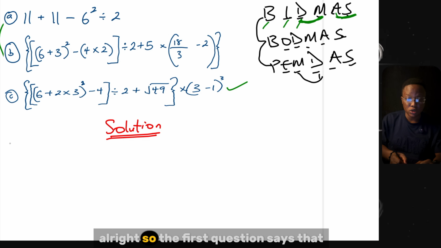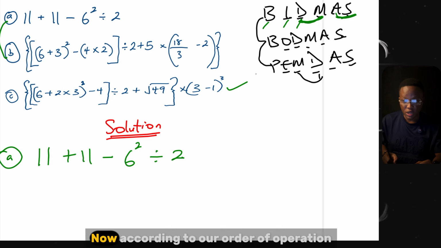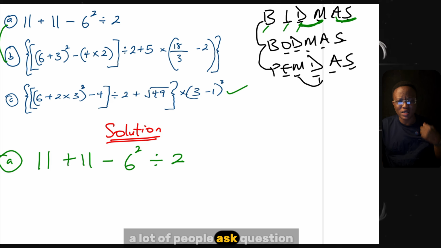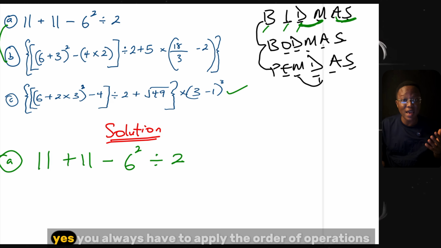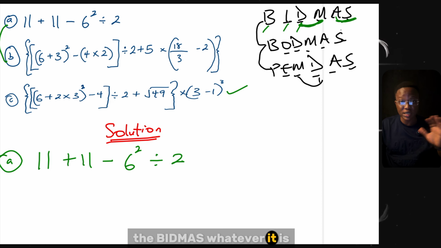All right. So the first question says that we should solve 11 plus 11 minus 6 to the 2 divided by 2. Now, according to our order of operations, a lot of people ask questions, do I always have to apply order of operations? Yes. You always have to apply the order of operations, in BODMAS, whatever it is you know.